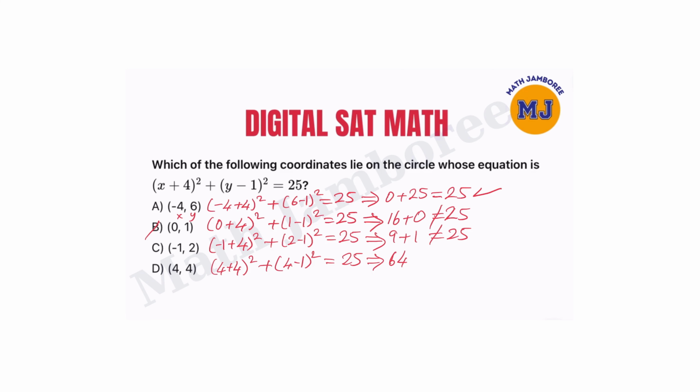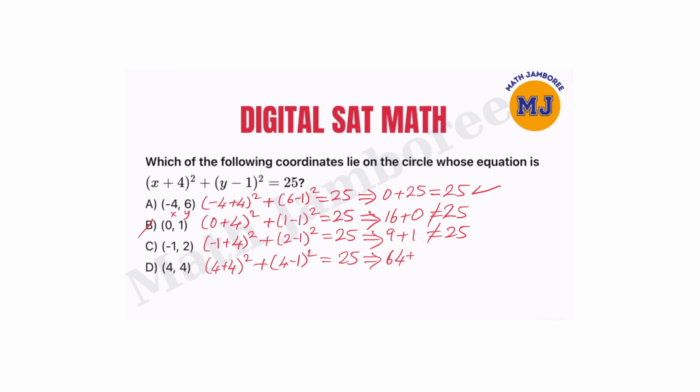And 4 minus 1 is 3. 3 squared is 9. And does this give you 25? Not even close. Therefore, D is not the answer, C is not the answer, but A will be the final answer for the specific question.